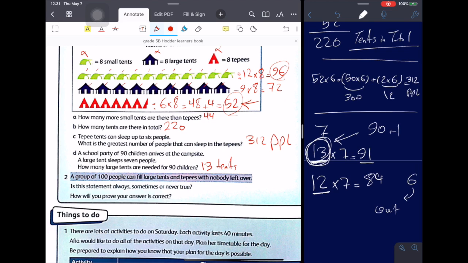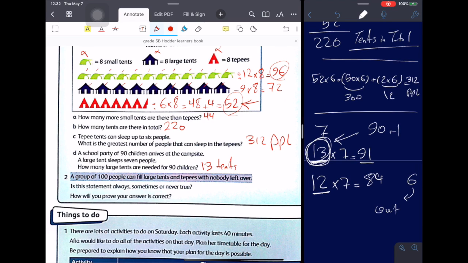A group of 100 people can fill large tents and teepees with nobody left over. Is this statement always true, sometimes, or never? How will you prove your answer? Well, here, fill means 7 people in each large tent and 6 people in each teepee.